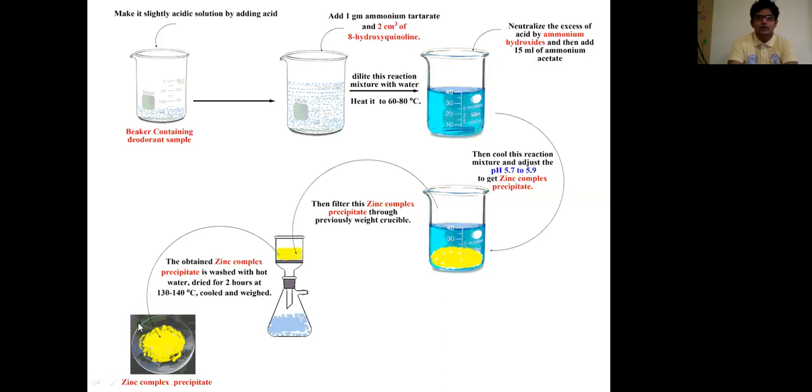So this is the zinc complex precipitate which is obtained from this beaker containing deodorant or antiperspirant sample by using this procedure. So by weighing this zinc complex precipitate, we can calculate the amount or percentage of zinc present in the deodorant sample. So this is the picture explaining the complete procedure of estimation of zinc.